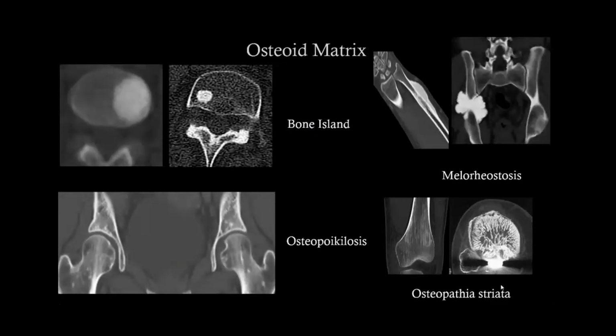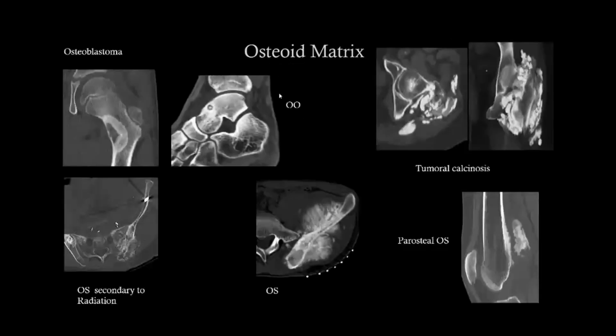This is osteopathia striata, and melorheostosis, one side, following the dermatomes. The examples for the osteoid matrix: osteoid osteoma, and the osteoblastoma when it is an osteoid osteoma with large size. This is secondary to radiation, which could with time become osteosarcoma, and there is parosteal osteosarcoma.